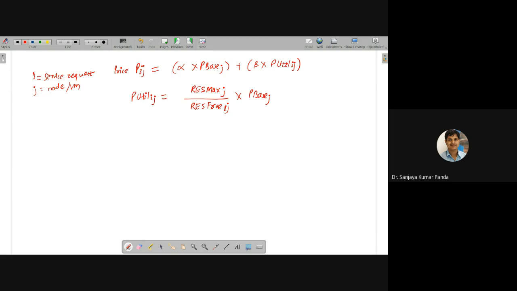Now you tell me, you have maximum resources 10. Let us take a rough calculation. For example, you have maximum resources 10, but the available free resource is, let's say, out of 10, only 2 nodes are free.